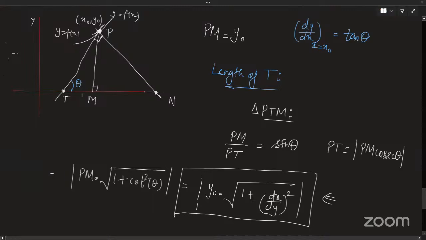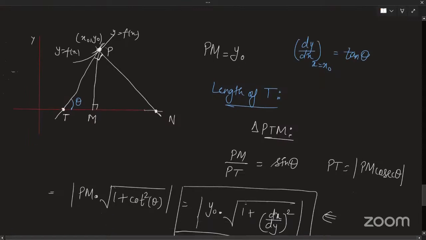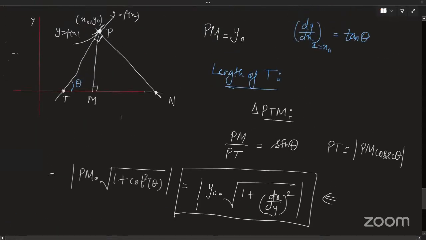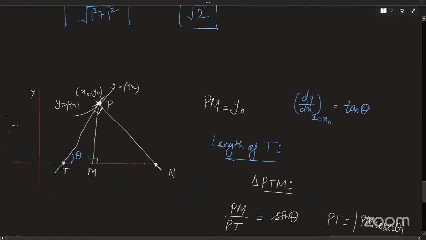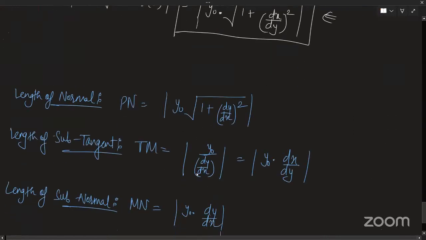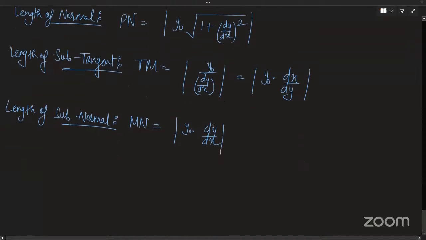When we solve a question, I hardly used to remember all of these. I just had this figure in my mind. Just remember P, T, M, and N, and that this angle is theta. If tan theta is dy by dx, you can easily find the value of PM, PN, PT, TM, MN. So you don't need to remember all of these formulas.